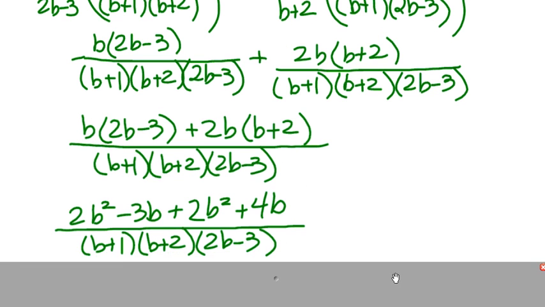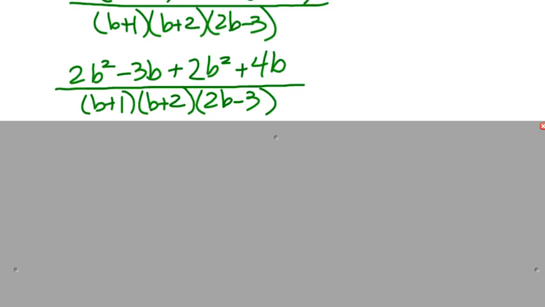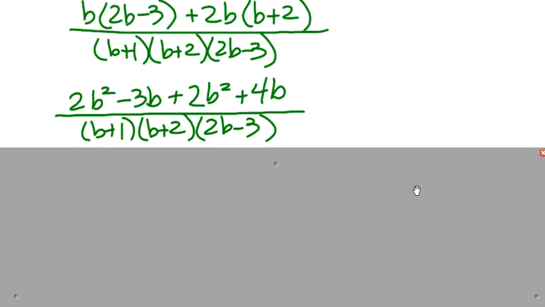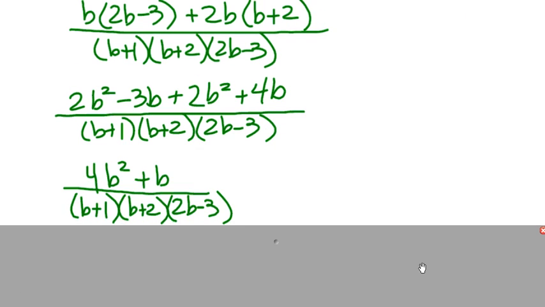Which brings us to here. Look to see if you have any like terms to combine. We've got some quadratic terms, some linear terms. So we've got 4b squared plus b. As always, can you factor the numerator? Does it have anything in common you can divide out?